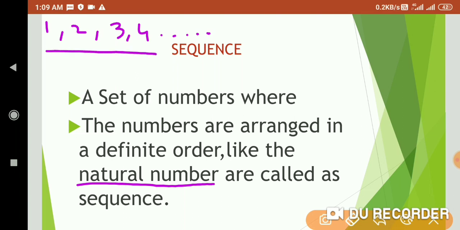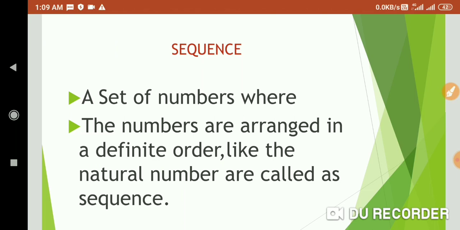These numbers are arranged in ascending order, or these numbers are arranged in increasing order. That means there is a definite order of these numbers, and therefore these numbers are an example of sequence.